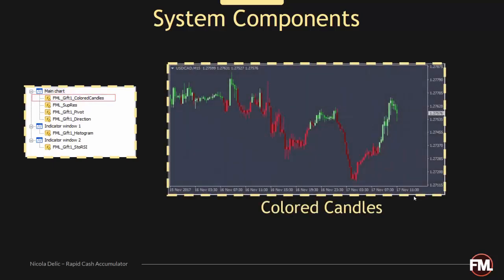If we start first with these colored candles, you can see that we have slightly changed how candles look. Nothing big changes there. The only thing that's different compared to the normal candle is how we color them. We are using the 50 EMA to get the short-term trend of this time frame, and based on that we are coloring the candle.